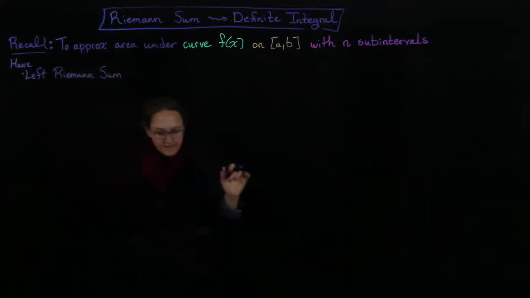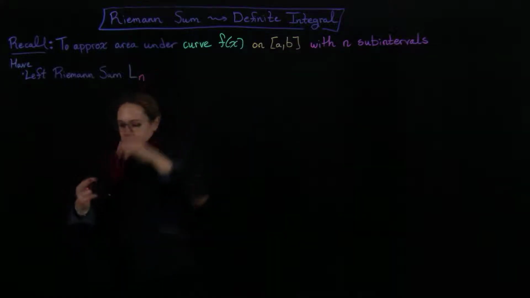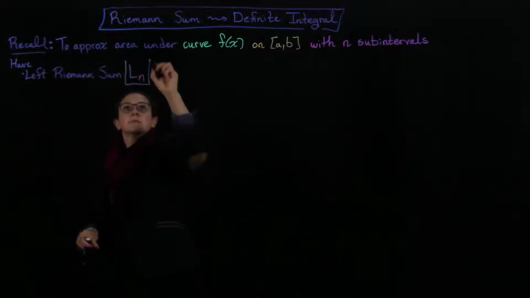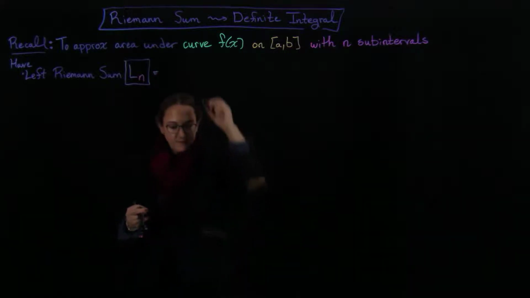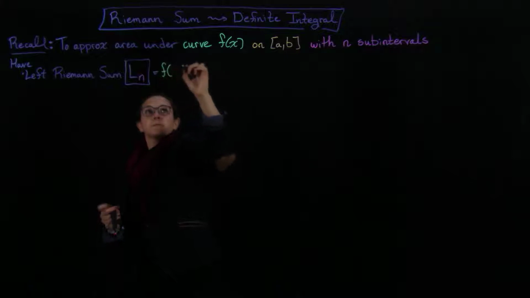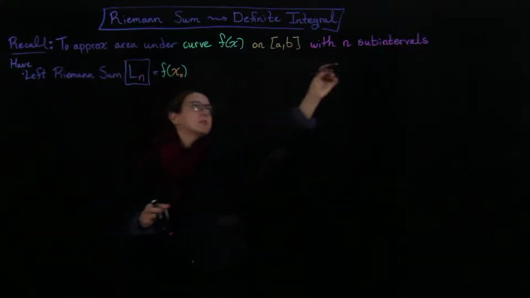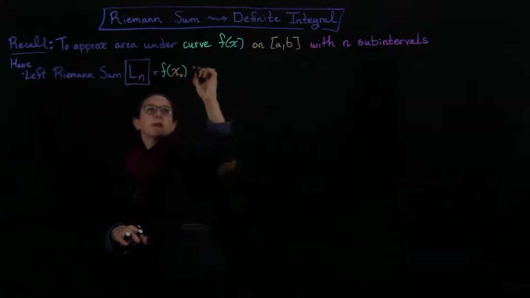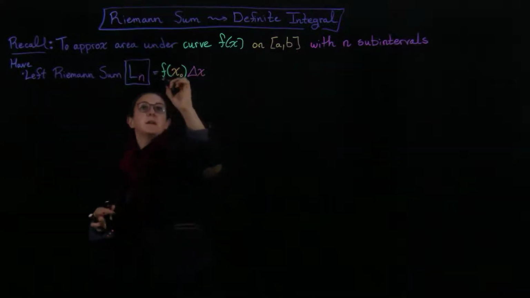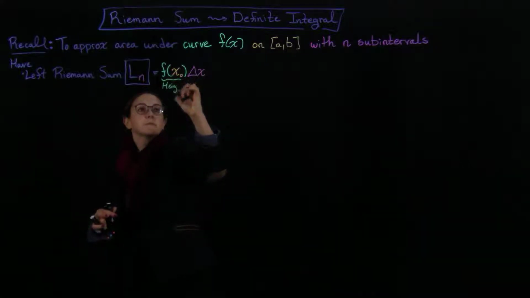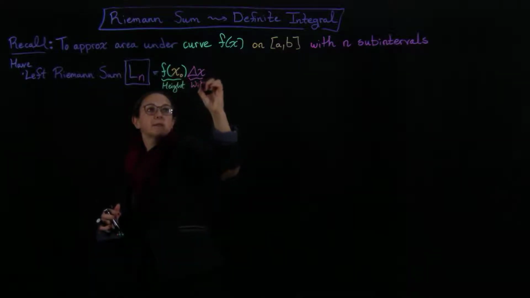And the left Riemann sum is L sub N. This was equal to f of x0 multiplied by delta x. This part here came from the height, and this part here came from the width of the rectangles; we were really summing up over rectangles.